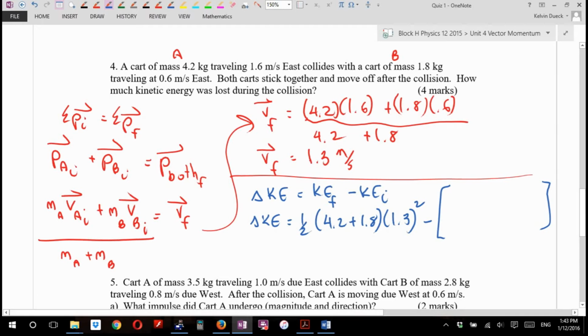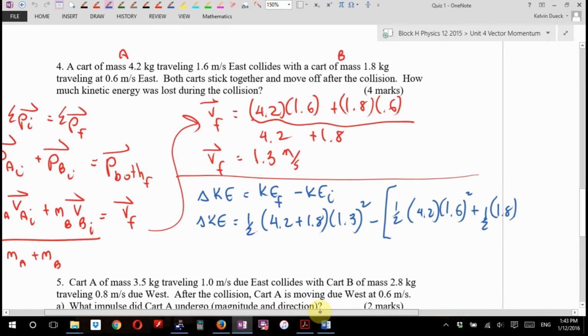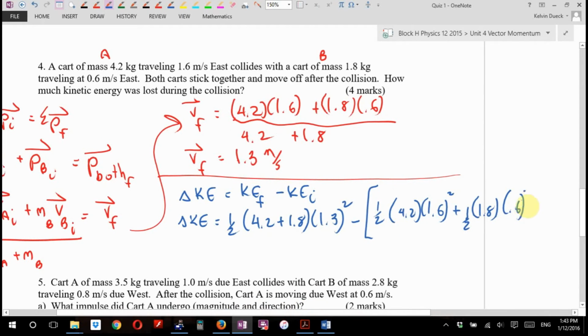So how many kinetic energies are there at the beginning? It's going to be take away a half times 4.2 times 1.6 squared, and also take away a half times 1.8, running out of room here, times 0.6 squared.